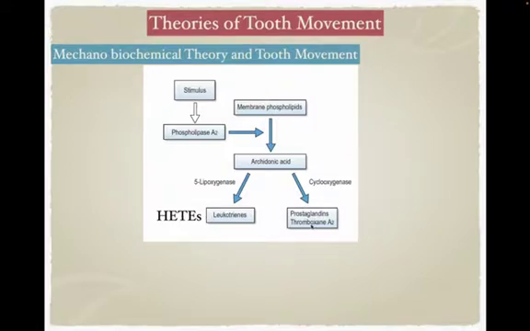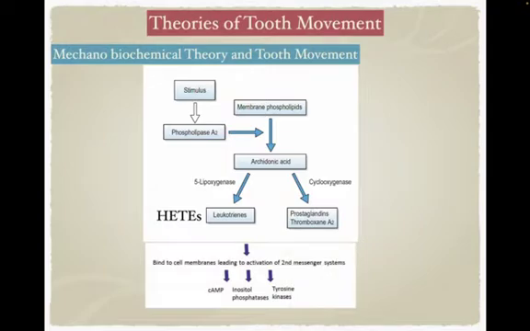This prostaglandin will then act on the cell membrane of the bone and will trigger the release of what we call the second messenger inside the cells, cyclic AMP, and that will be given to the cells as a sign of doing either bone resorption, if it's an osteoclast, or bone deposition, if it's an osteoblast.